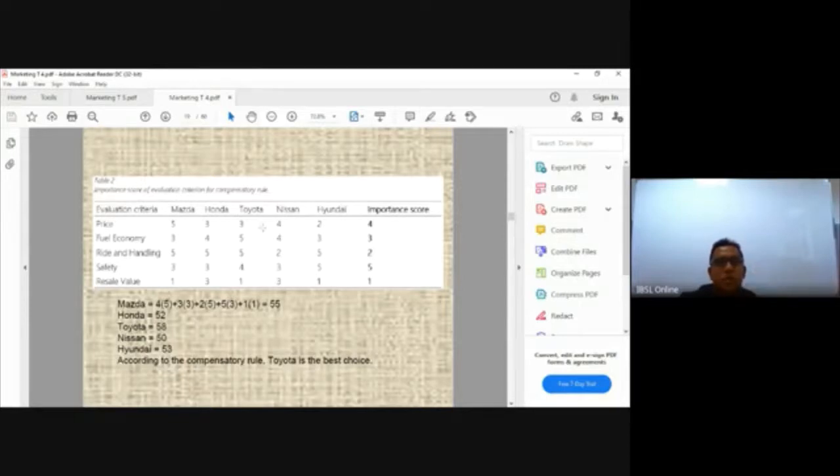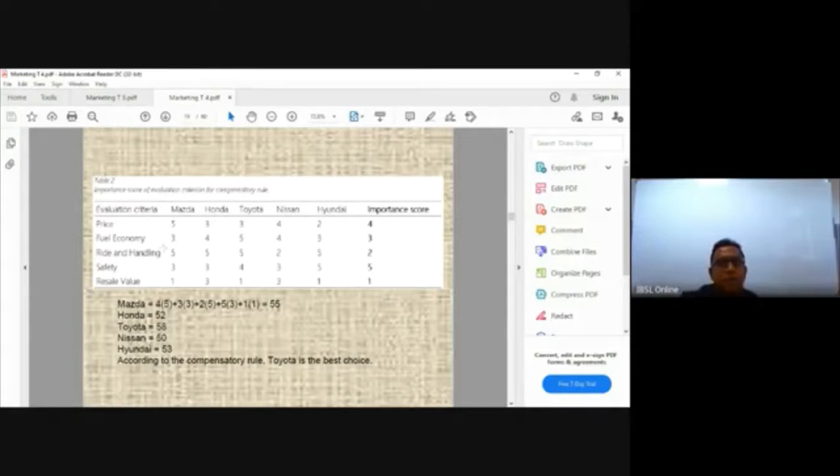That's how they have given. Then in terms of fuel economy: Mazda 3, Honda 4, Toyota 5, Nissan 4, Hyundai 3. So low has been given for Hyundai.